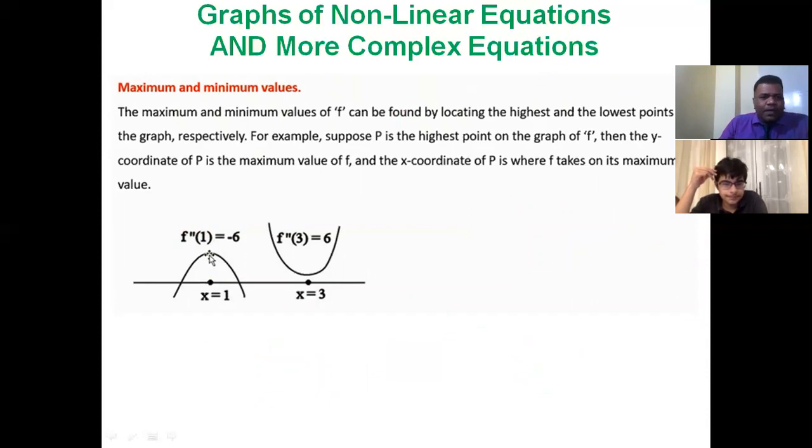Now, maximum and minimum value of the functions. So how to know the maximum and minimum value of the functions? That graphically we already understand. If the graph goes up, if the parabola goes up. It is saying the maximum and minimum value of a function can be found by locating the highest and lowest point of the graph respectively.